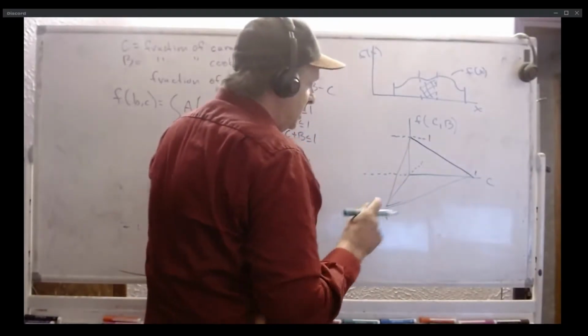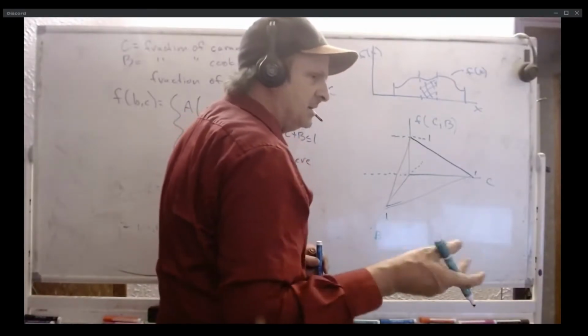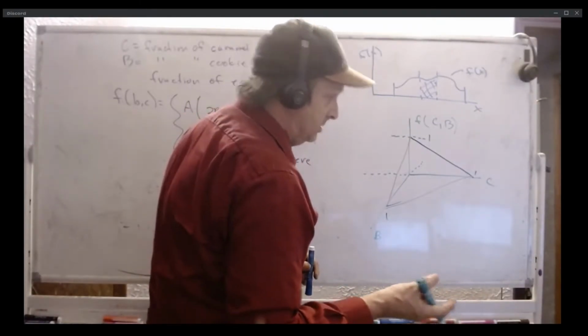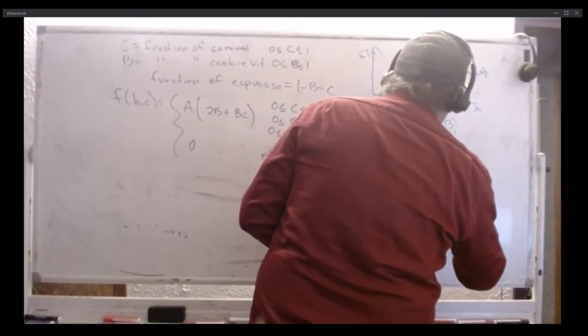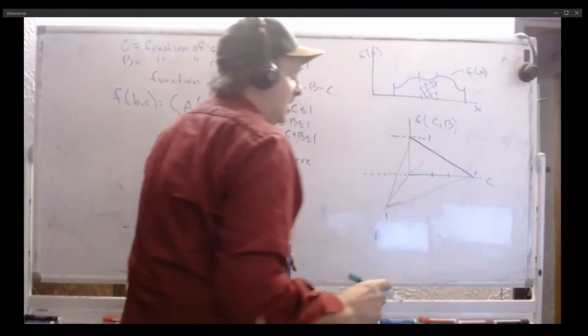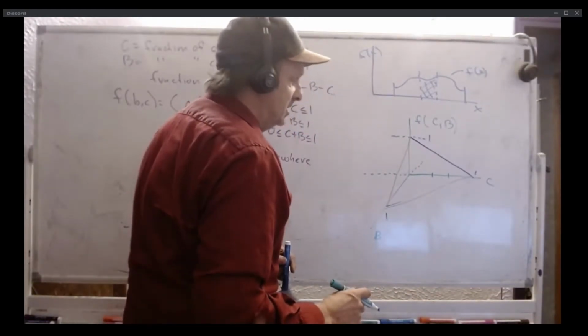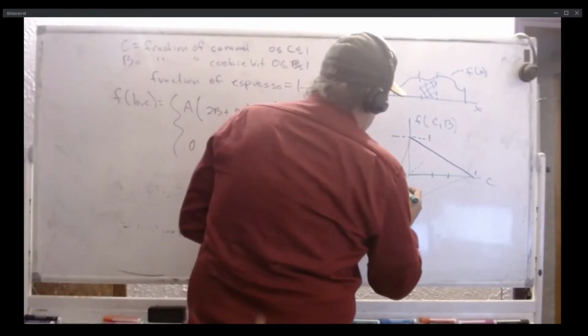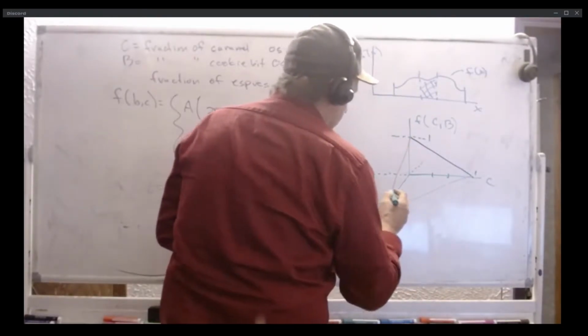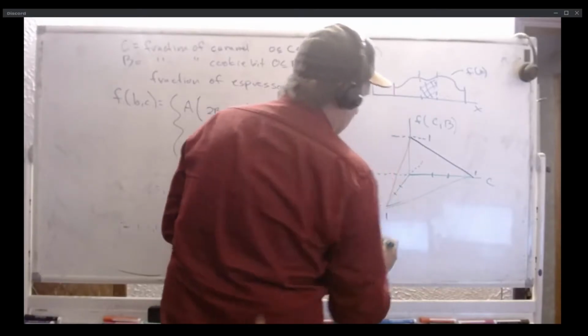So when we try to find the probability, I think I gave you a couple of bounds, or you gave me a couple of bounds. So we said, okay, what's the probability that the fraction of caramel was between this bound and that bound, and the fraction of B cookie bits was between this and this, right?